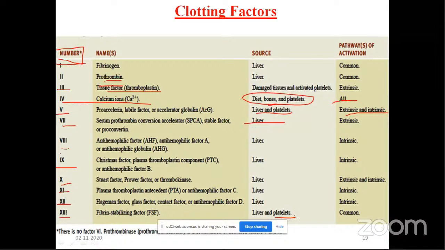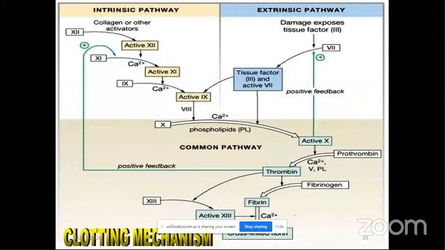Now you can understand better the role in the extrinsic, intrinsic or common pathway when we look in detail at the role of different clotting factors involved in both pathways and the common pathway. As I told you, there are three very important stages. What is the first stage?